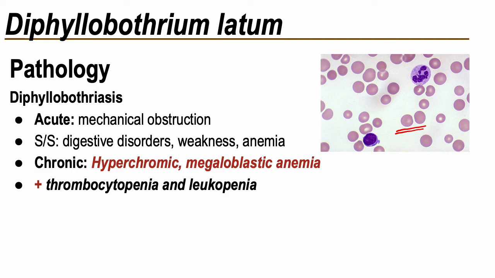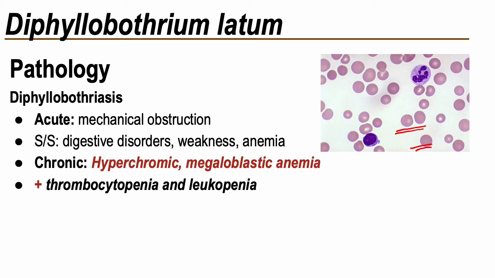So just to give you a brief background about vitamin B12, this is a vitamin that is needed to form red blood cells and for the synthesis of DNA. So without this vitamin, our bone marrow produces abnormal red blood cells which are bigger and have no central pallor, just like here in this picture.